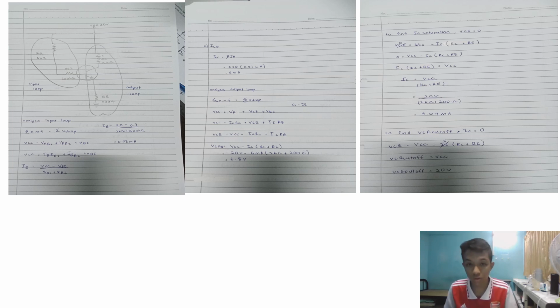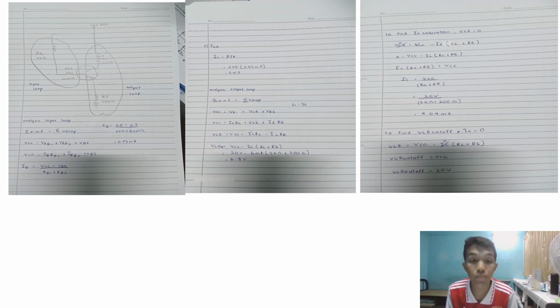At first we need to analyze the input loop and output loop. The input loop is RB1 and RB2, and the output loop is RC and RE.